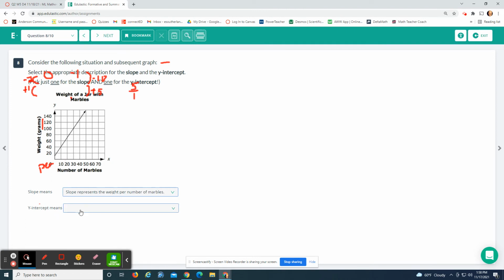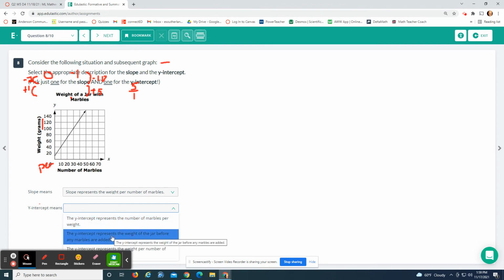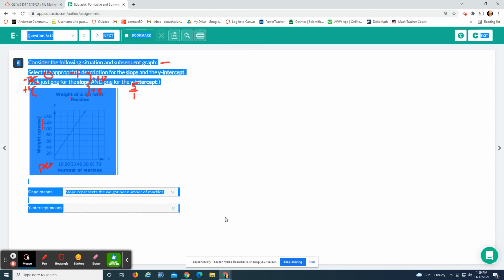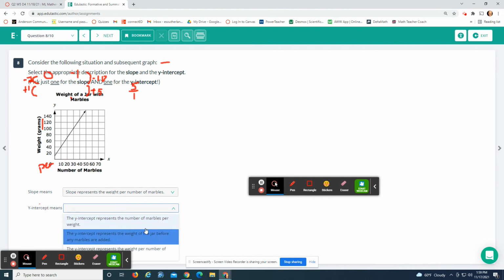And then the y-intercept is always what you start with. So the y-intercept represents the number of marbles per weight. The y-intercept represents the weight of the jar before any marbles are added. Y-intercept represents the weight per number of marbles.